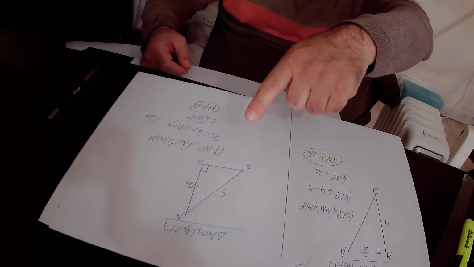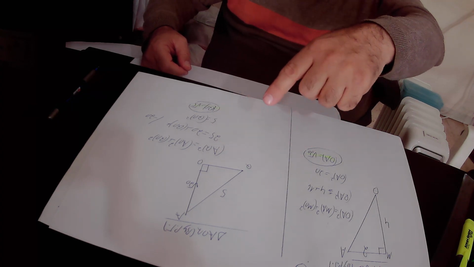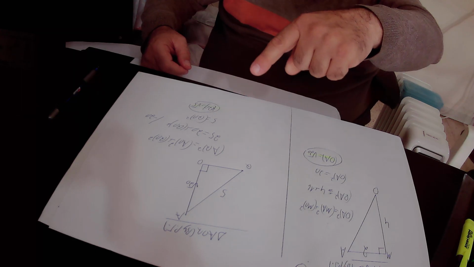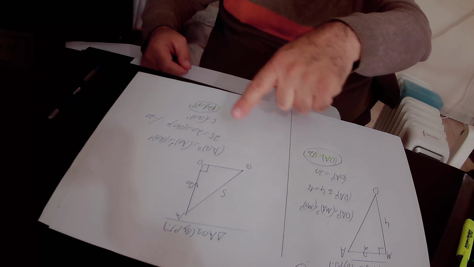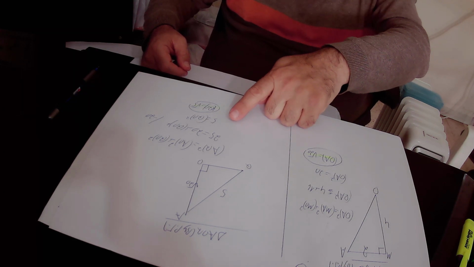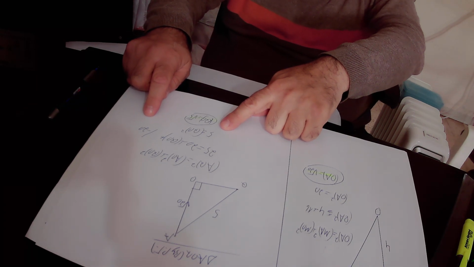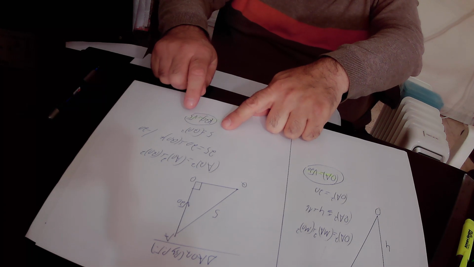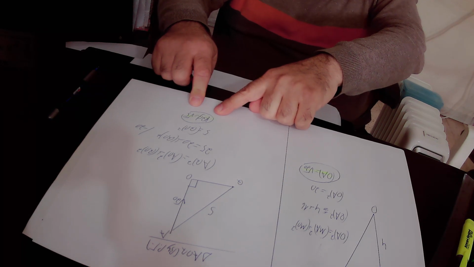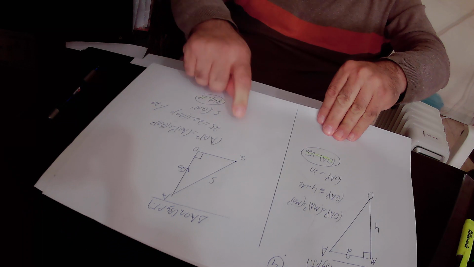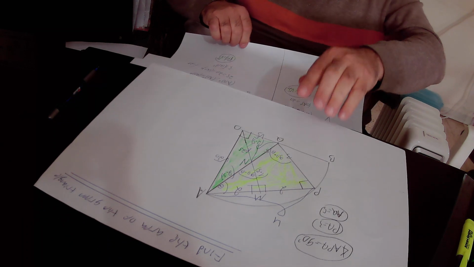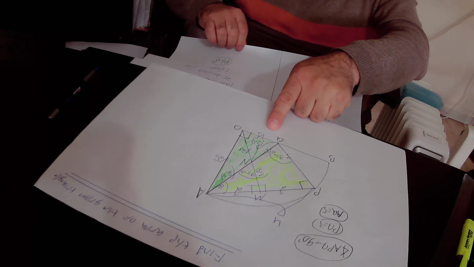It is equal to AO square, AO is the square root of 20, therefore AO square is 20, plus QO square. We subtracted 20 from this equation and found that 25 minus 20 is 5. So 5 equals QO square. We took the square root and found finally that QO equals the square root of 5 units.